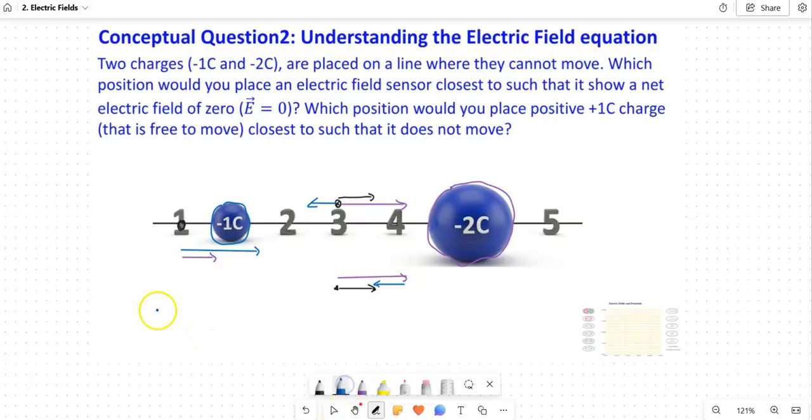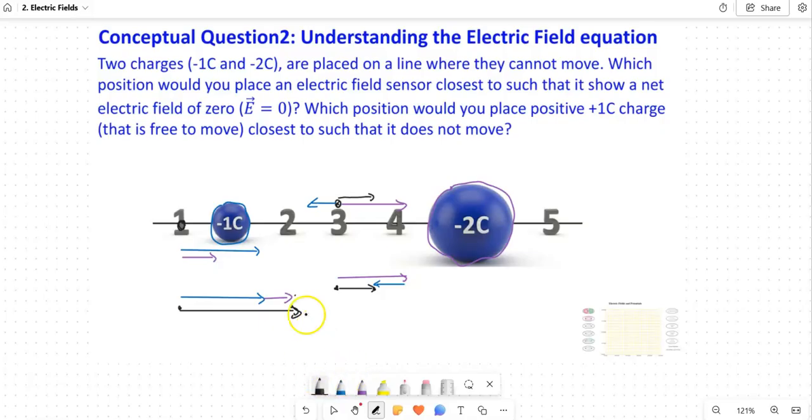And then when you add those two vectors together, you just get an overall net electric field that is pointing to the right. You started here, you walk to the right a bunch of steps, walk to the right even more. So start to finish, the overall net electric field at this point would be large and pointed to the right.